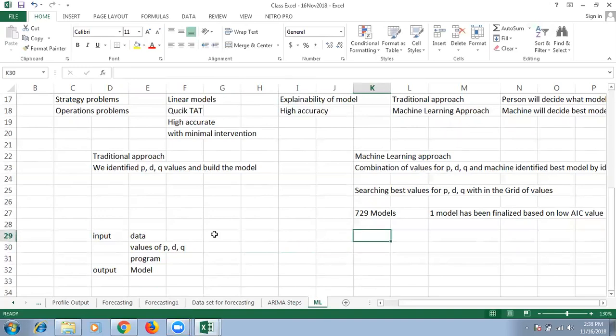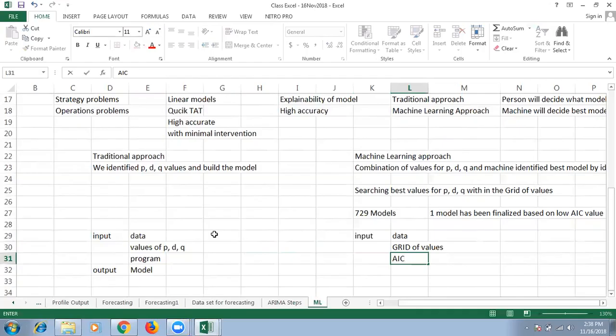And in this case, what is your input? The input is of course data, and you gave the grid of values, and you also gave a metric to compare, the AIC or something, because based on that it will identify the best model.